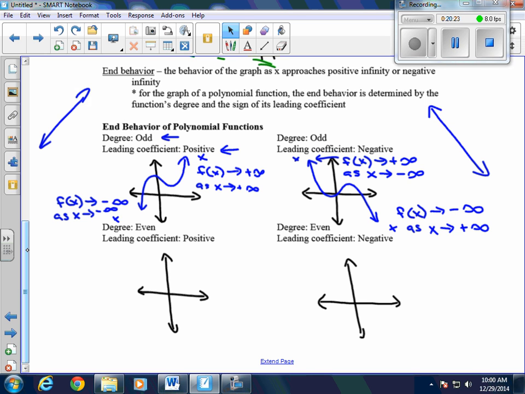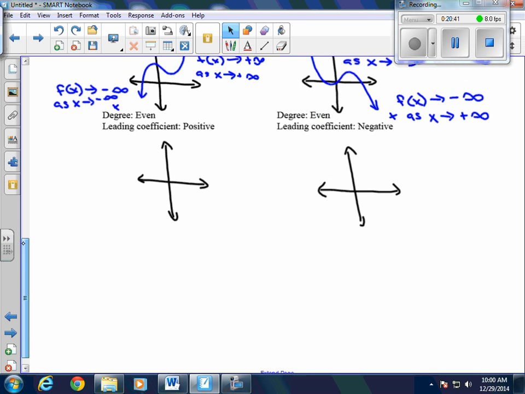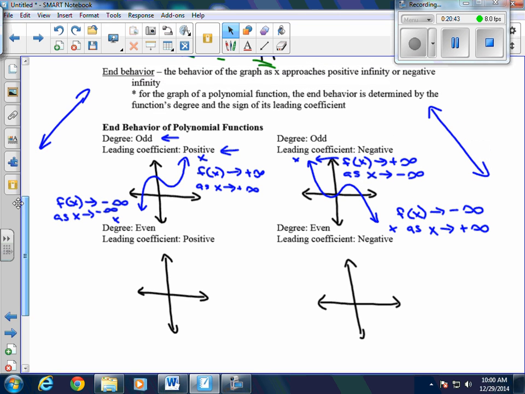So that means both of our end behaviors are going to end up going up, or both are going to end up going down. And that's what we're talking about when we talk about any degree that is even. So whether it's an x squared, an x to the fourth, an x to the 6th, an x to the 12th, an x to the 300th, it doesn't matter. If the degree is even, they're going to end up in the same spot.